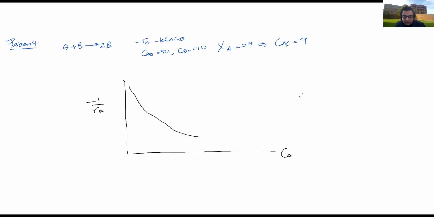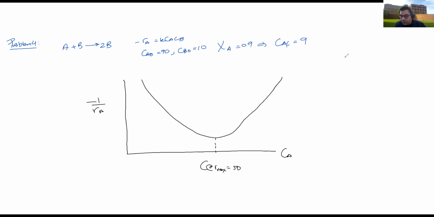This is my chart. It's going to look something like this, a smooth line. We said that the concentration at the maximum reaction rate will be 50.